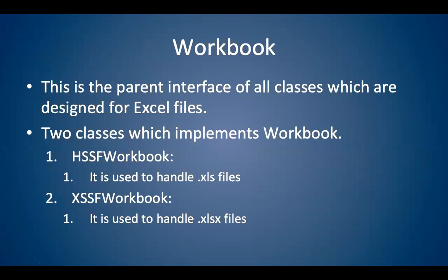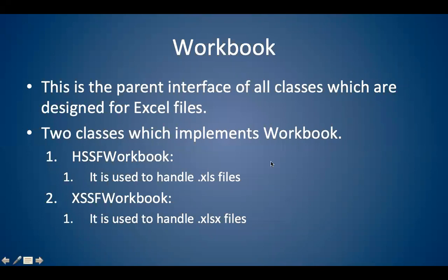If you want to handle an XLSX file, then you have the XSSF class. These two classes are child classes of the Workbook interface, and they implement the Workbook interface in different ways. The Workbook interface has certain methods in it, and all of those methods have been implemented by the HSSFWorkbook class and the XSSFWorkbook class.